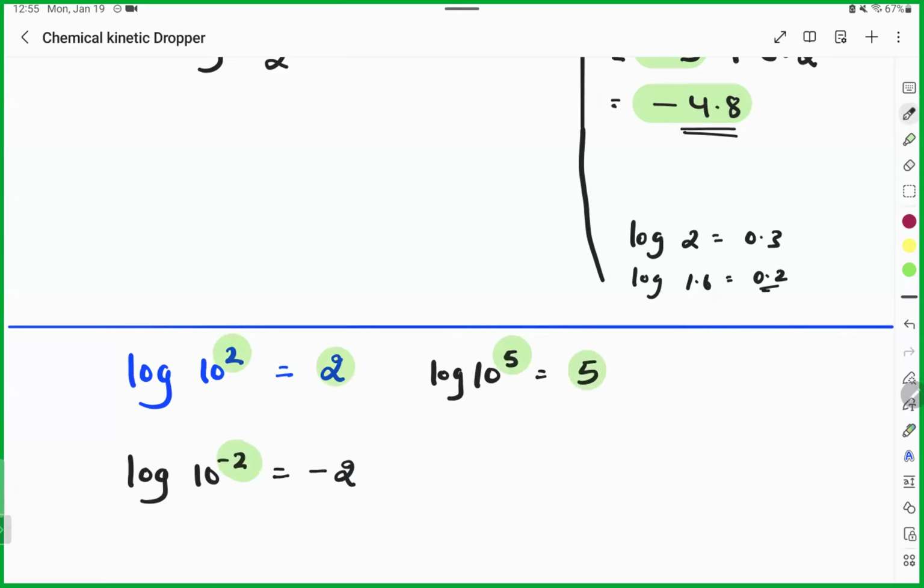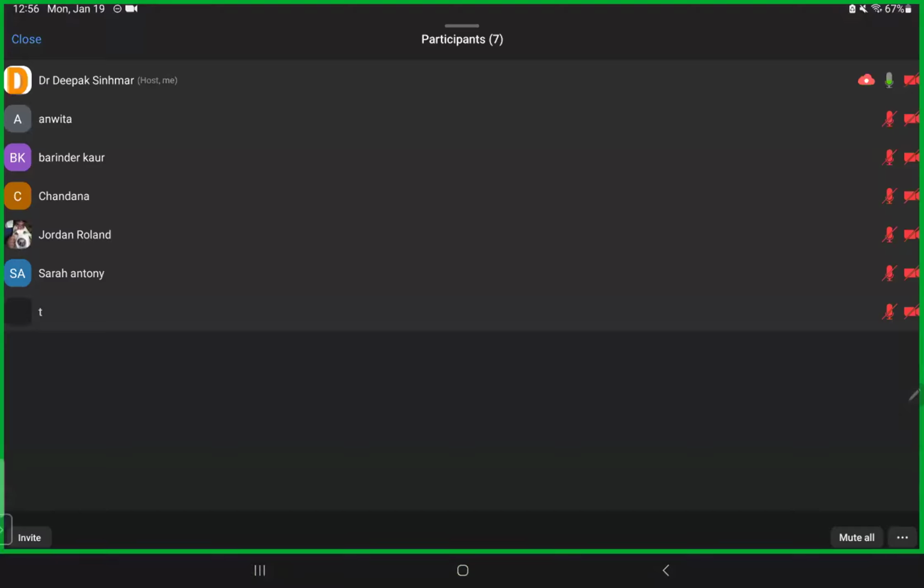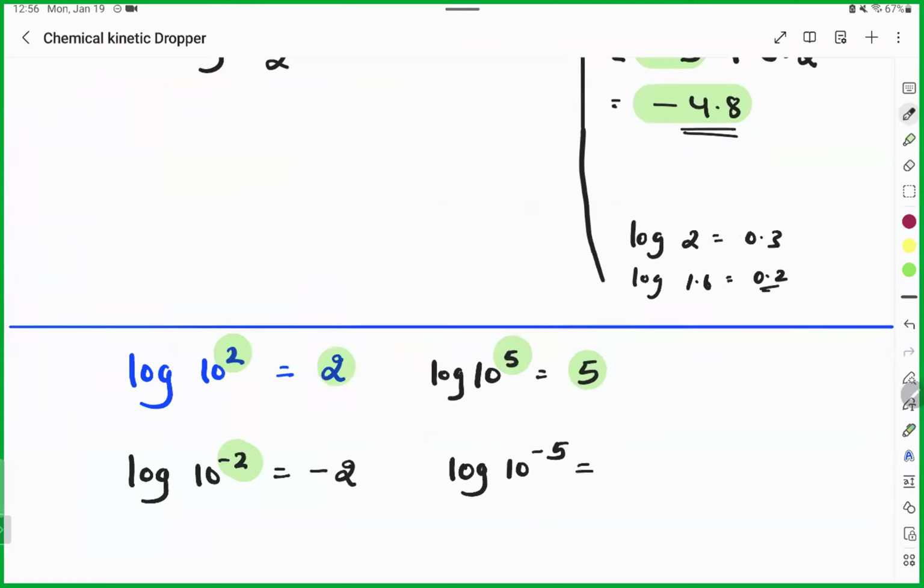Varinder, are you there? I think she is facing a network issue. Sandana, what will be log 10 raised to power minus 5? Minus 5. So you understood this.